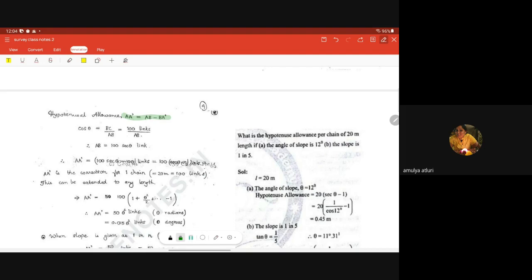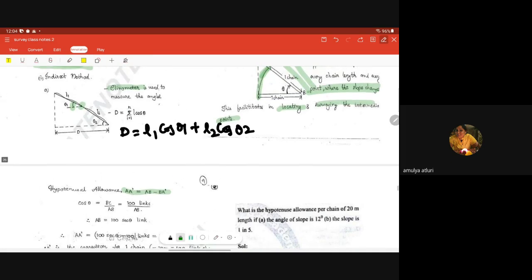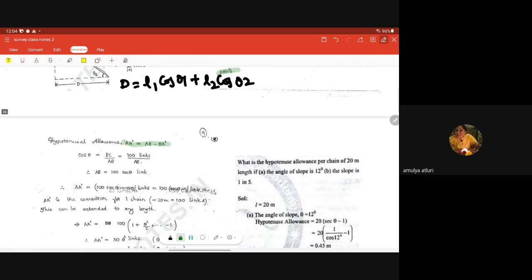Then how do we calculate theta? Cos theta is equal to BC by AB. This BC, we take one chain which has 100 links. For a 20 meter chain, we have 100 links, right?